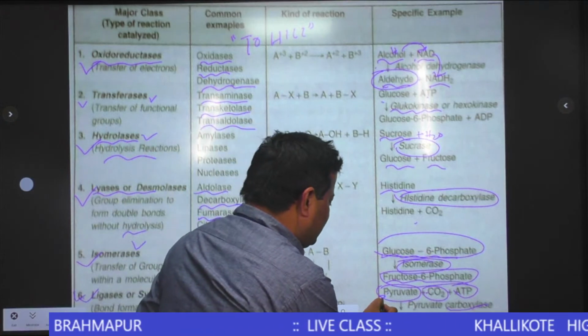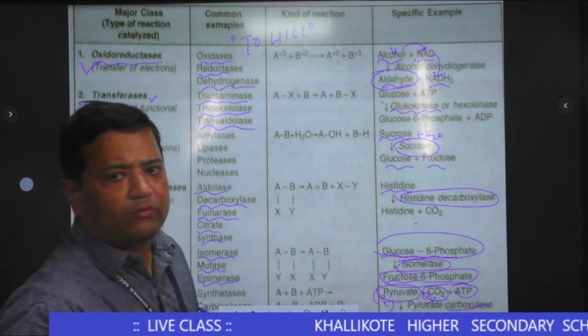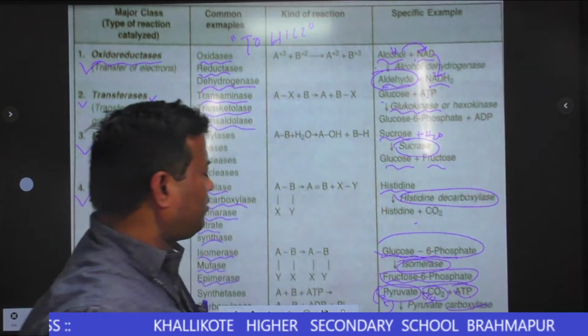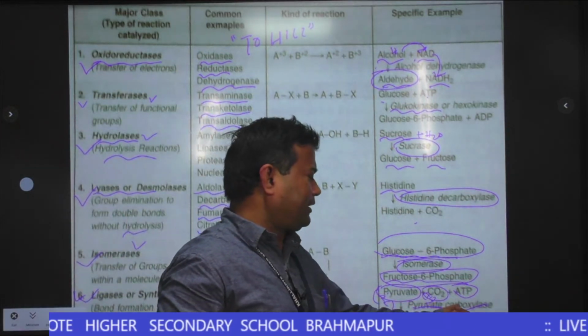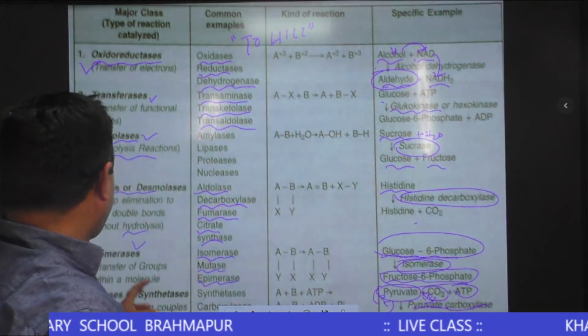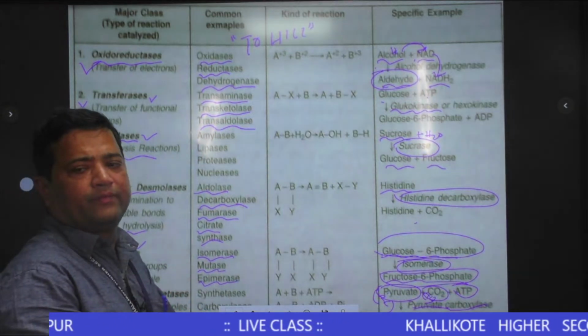Here pyruvic acid is a 3-carbon compound and carbon dioxide is a 1-carbon compound, resulting in the formation of a 4-carbon compound, oxaloacetate, in presence of the enzyme pyruvate carboxylase. So pyruvate carboxylase is one type of ligase or synthetase enzyme.